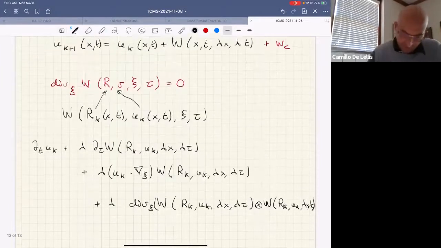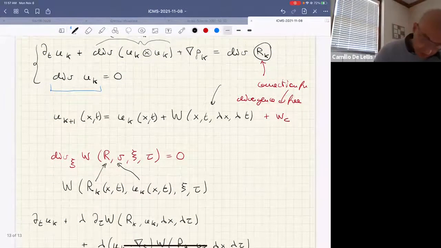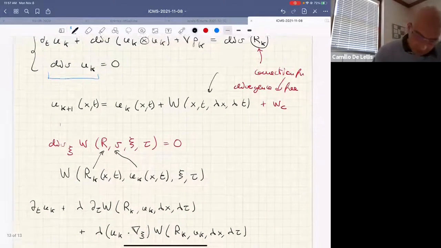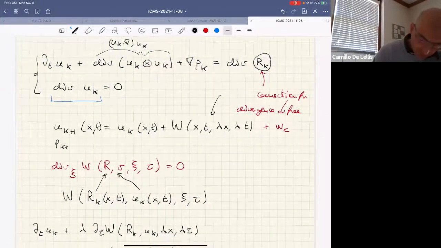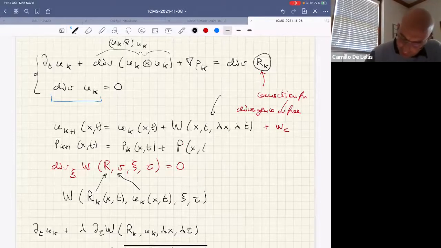Okay, and of course I have a similar ansatz also for what I want to add to the pressure. So let me just add it over here: pk plus 1 of x and t is going to be pk of x and t plus, again, a big function p of x and t, and there's going to be lambda x, lambda t.